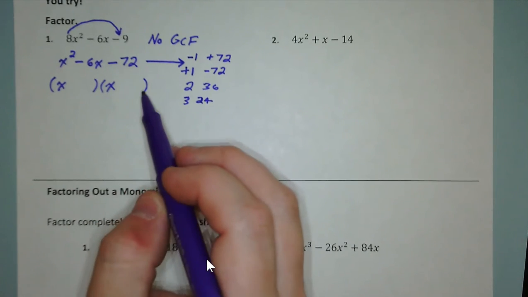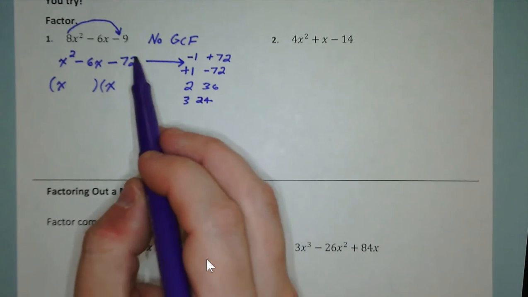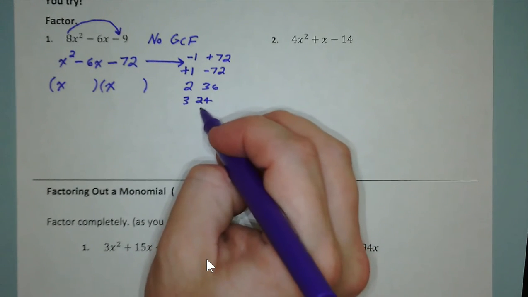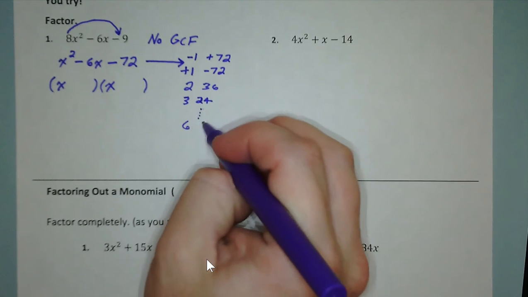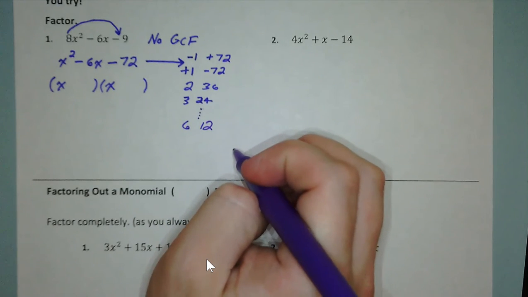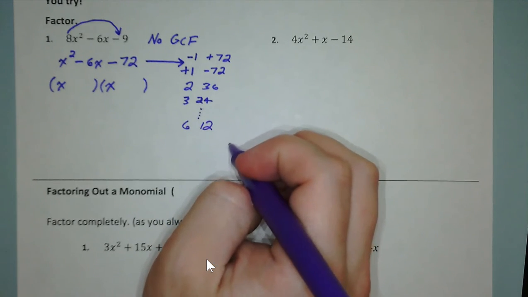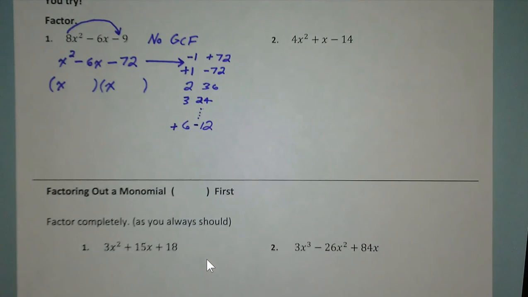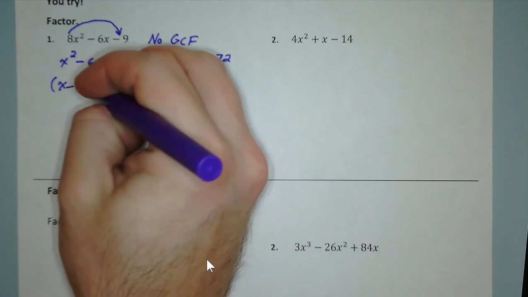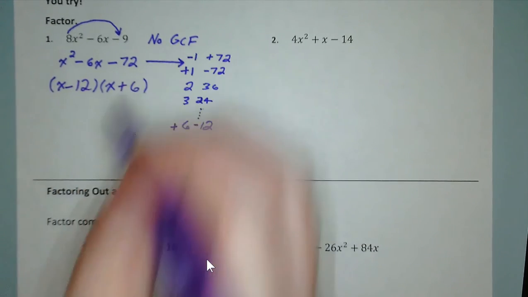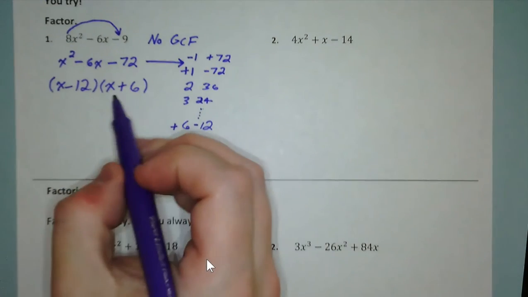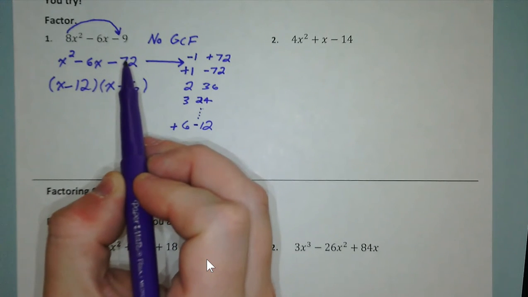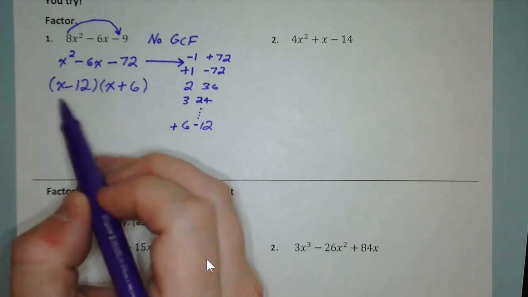And that's a big number. Don't feel too bad, everybody, because that's a big number. I think you got to go all the way to 6 and 12, right? With the 6 being positive and the 12 being negative. So, yeah. The two numbers that multiply to make -72, but they also add up to -6.